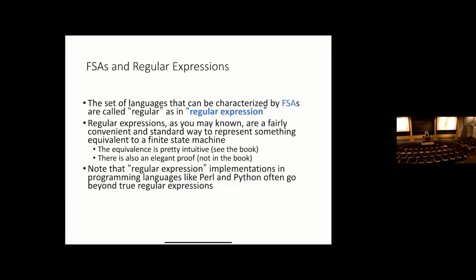One thing that you should note about regular expressions is that regular expressions in Python or in other modern programming languages are often not regular expressions. They're more powerful than regular expressions, and they can describe languages that are not regular. So can you think of any examples of features that Python regular expressions have that would go beyond what you could do with a finite state automaton?